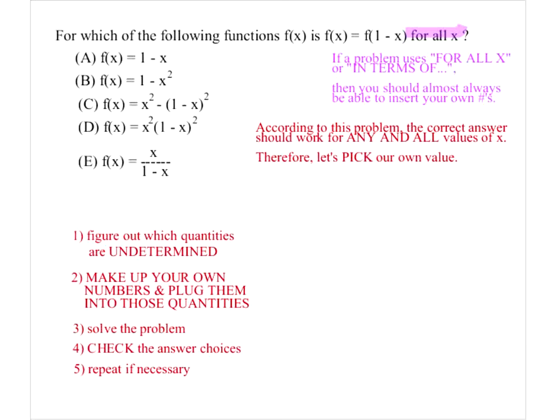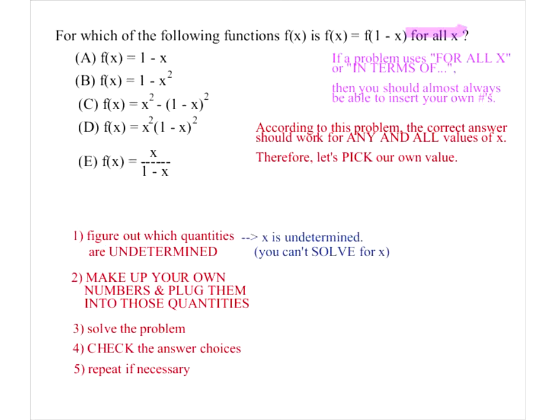So even if you solve this problem all the way through, you're still not going to get a number for x. So let's just make up a number for x.